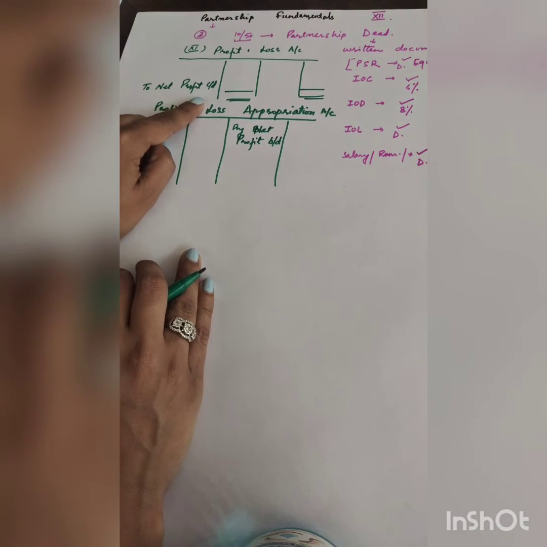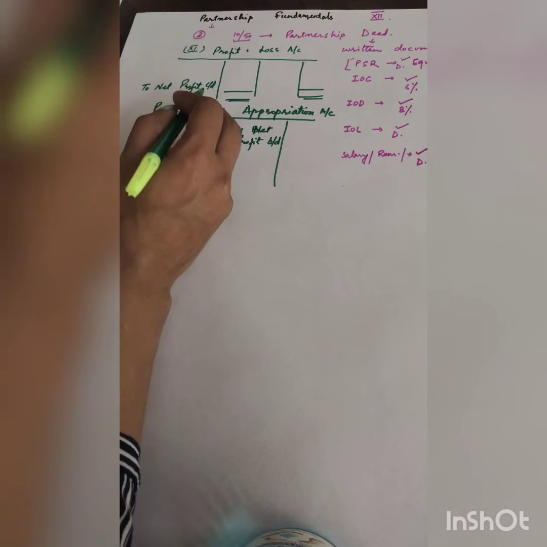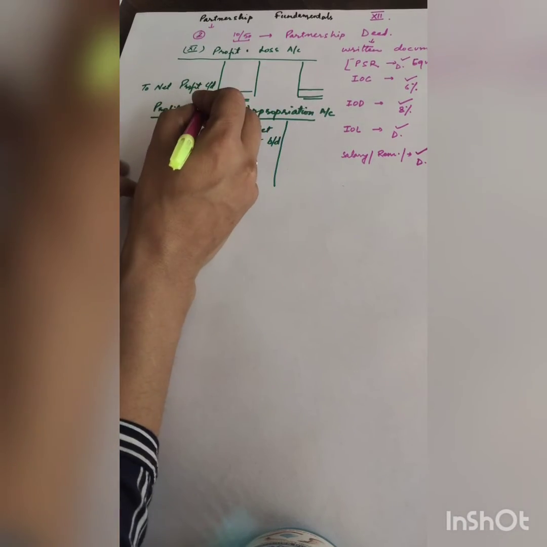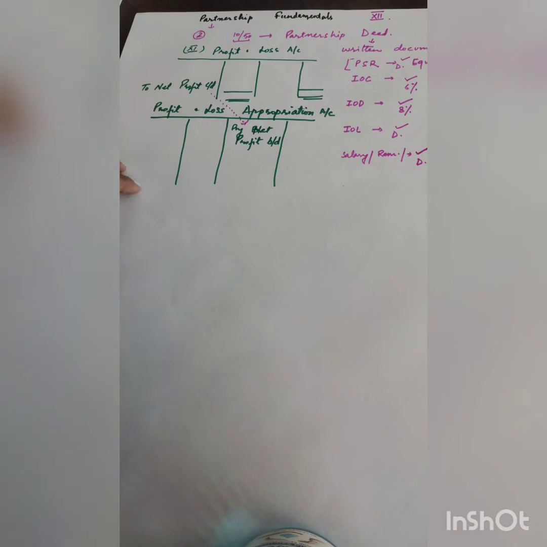You remember we wrote net profit carried down in case of the P&L account, and now according to the crisscross method you can see that this net profit is coming down, and is being displayed here as net profit brought down, right?